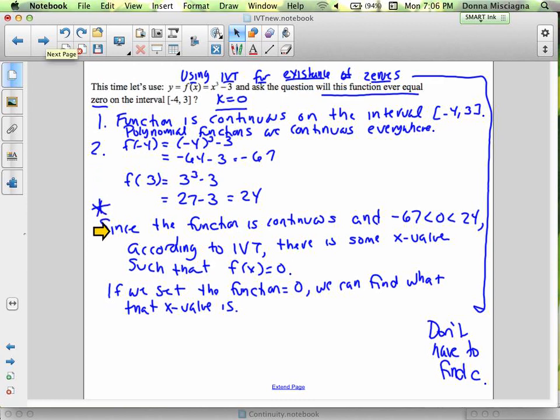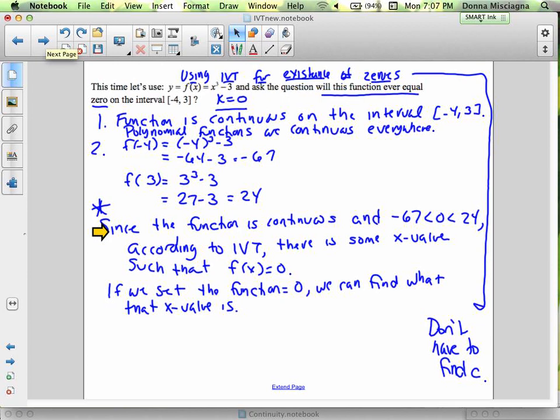Since the function is continuous and 0 is in between negative 67 and 24, according to the intermediate value theorem, there is some x value such that f of x equals 0. If we set the function equal to 0, we can find out what that value is, but we don't have to, because we weren't asked to find c.